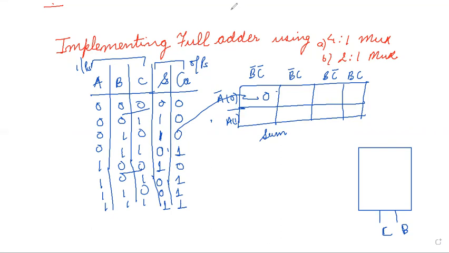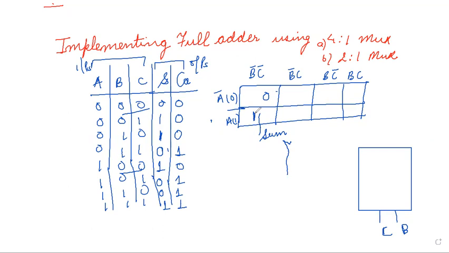What is the value of output sum here when A is 0? So it is 0. When A is 1, corresponding to this fifth line, sum is going to be 1. So using this, I'm simply going to fill this table.